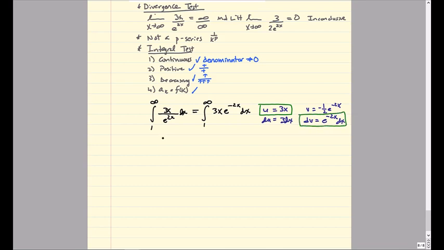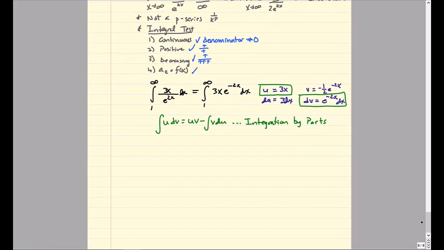And just as a quick review, the integration by parts is integral of u dv is equal to uv minus the integral of v du. Okay, so now let's go ahead and set this up and integrate it, and then I'll worry about evaluating it.